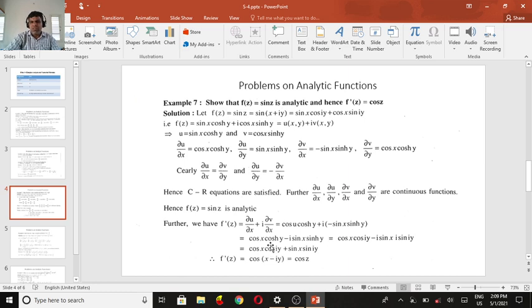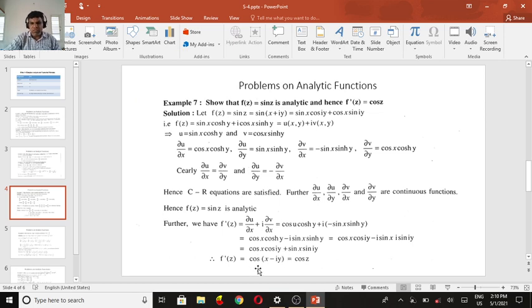Again cos x cosh y can be written as cos x cos(iy), and sin x sinh y can be written as sin x sin(iy). Collecting the terms, since i squared equals minus 1, the sign changes, so minus of minus gives a plus sign.